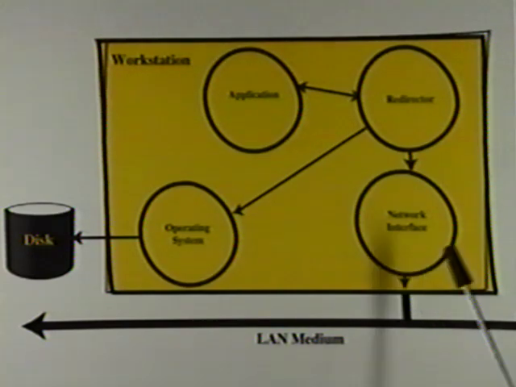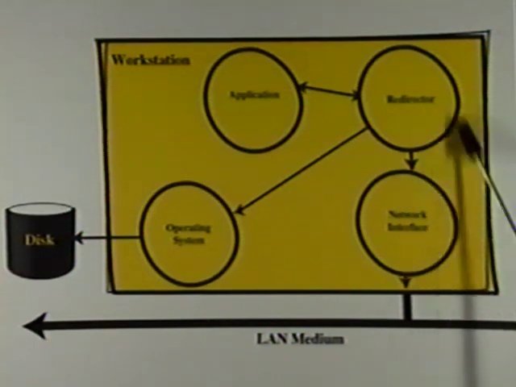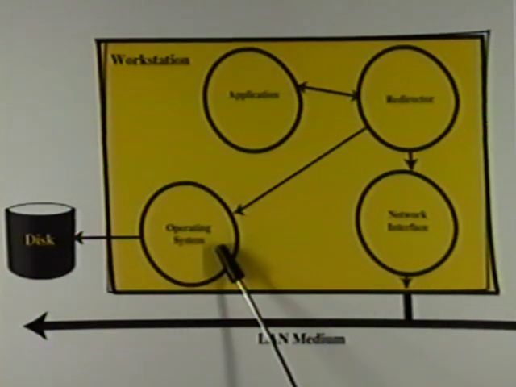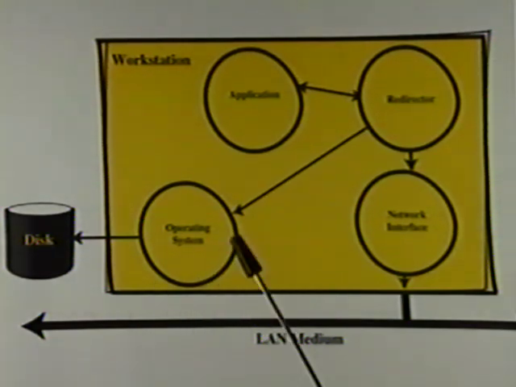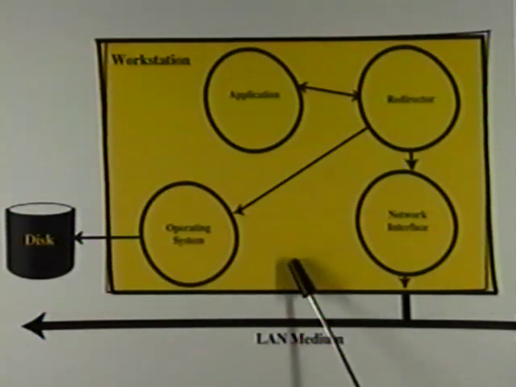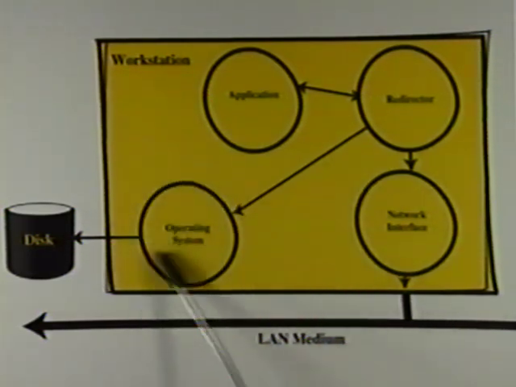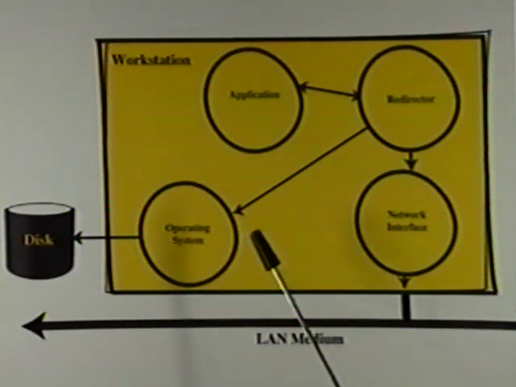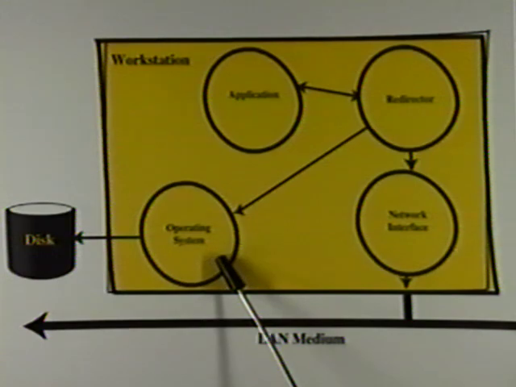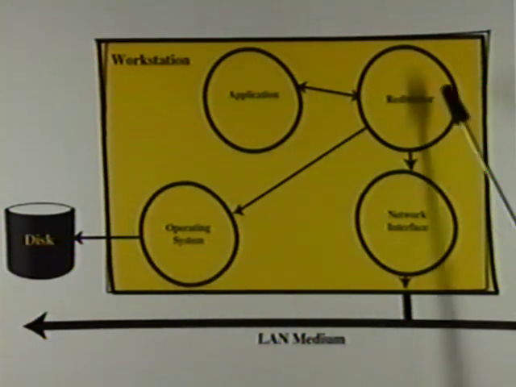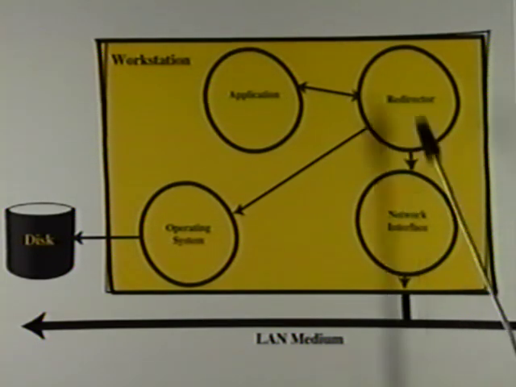Okay, so what we would say is that the LAN system software can be written on top of the existing operating system software. Some advantages of this particular scheme are that we can reuse the operating system software. We have a faster development because usually the operating system software is already completed, and all we have to deal with are the LAN aspects of the software.